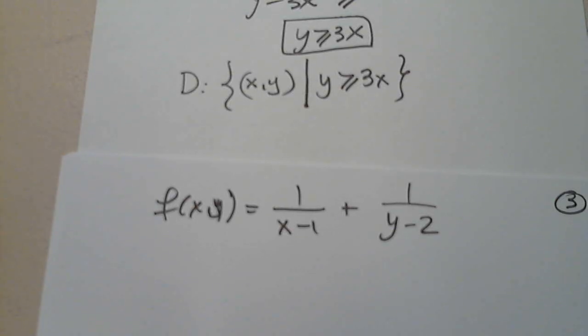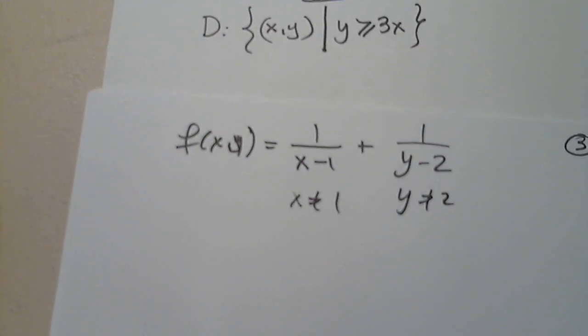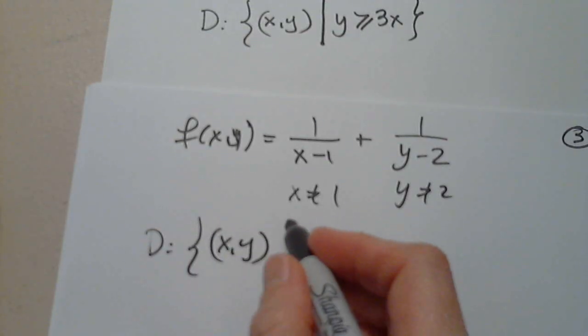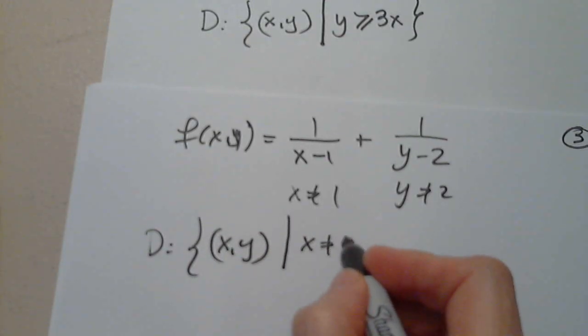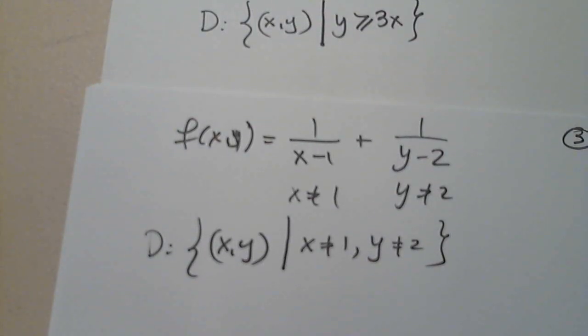X cannot equal 1, y cannot equal 2. That's it. So the domain will be written as an ordered pair, any ordered pair that fulfills the given conditions. Any ordered pair is acceptable as long as x is never 1 and y is never 2.